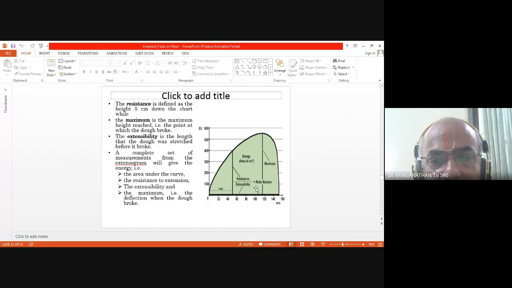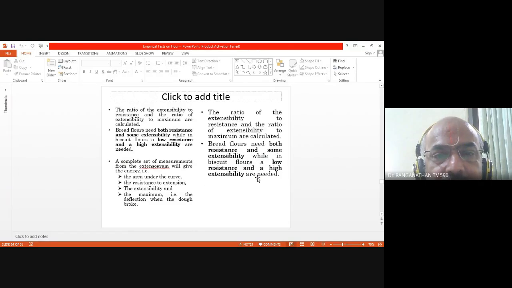So the area under the curve gives you the total time to which the dough can withstand the disturbances, or you can also call resistance to extension. Okay. So the ratio of extensibility to resistance and the ratio of extensibility to maximum are calculated.